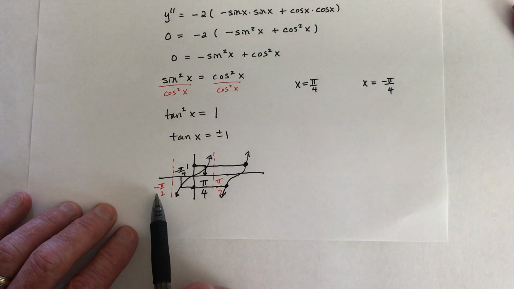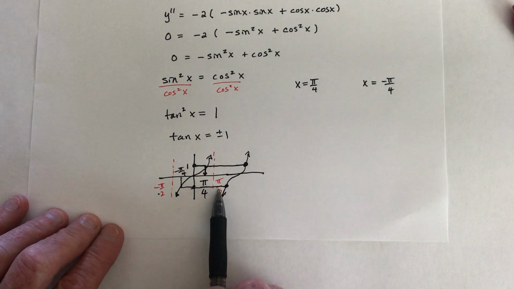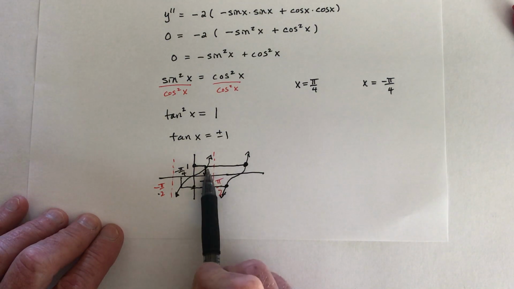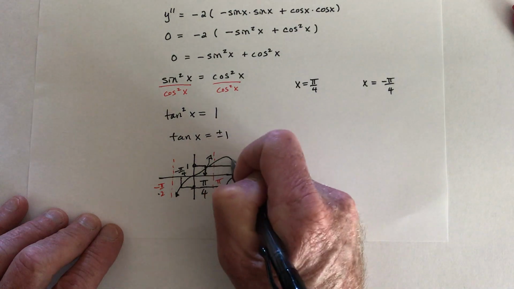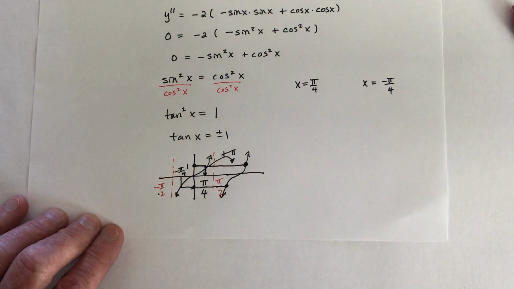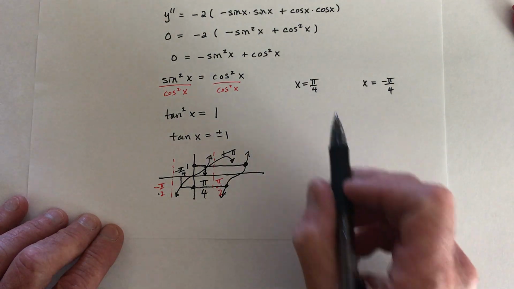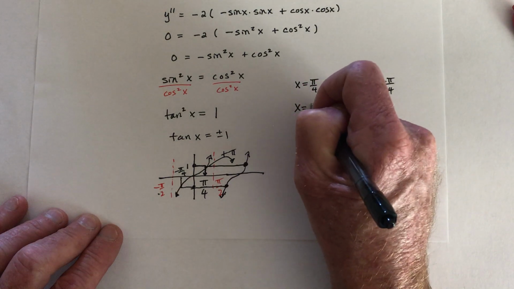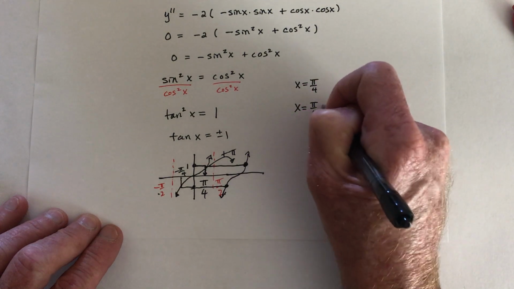Since the tangent graph goes from negative pi over 2 to pi over 2, that's a length of pi. So when I drew this line right here, I was basically just adding on a pi. So this is probably one of the answers. Another answer would be if you take pi over 4 and add pi.